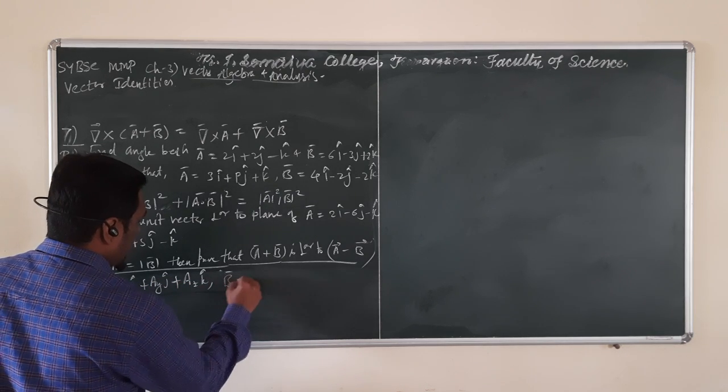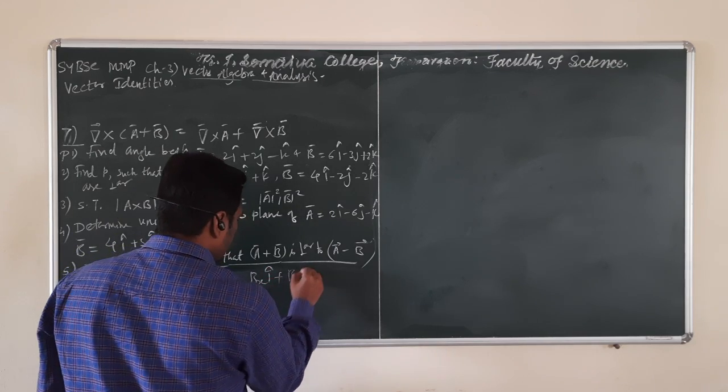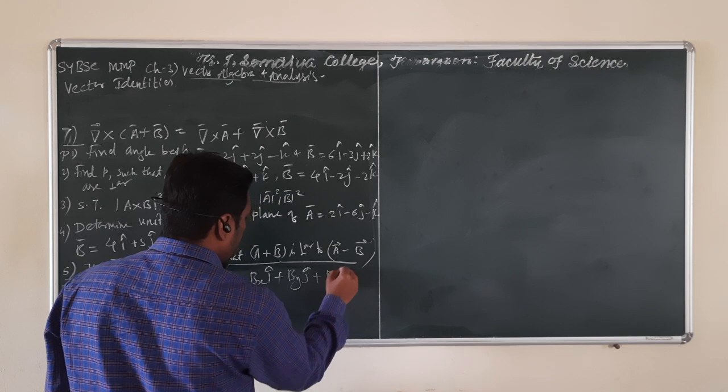Vector B is Bx i cap, By j cap, and Bz k cap.